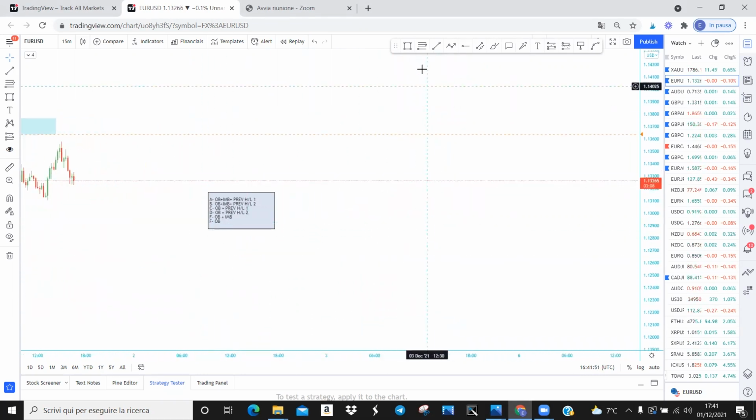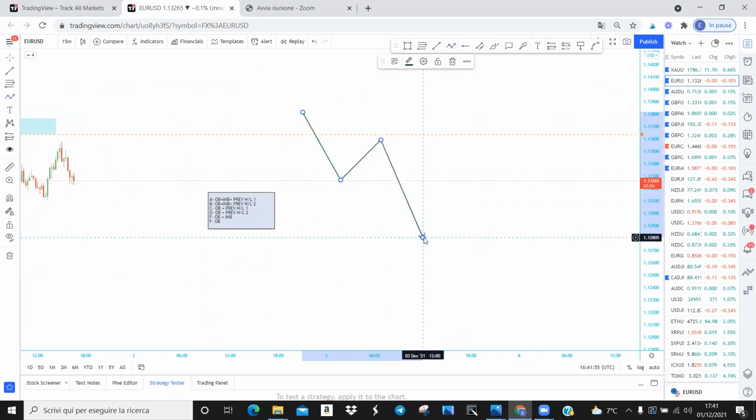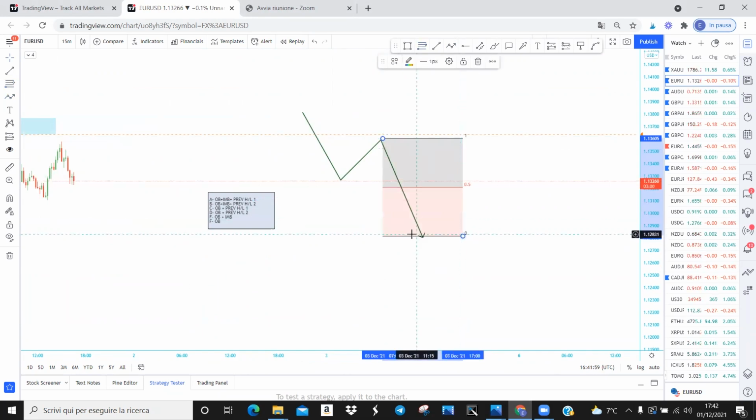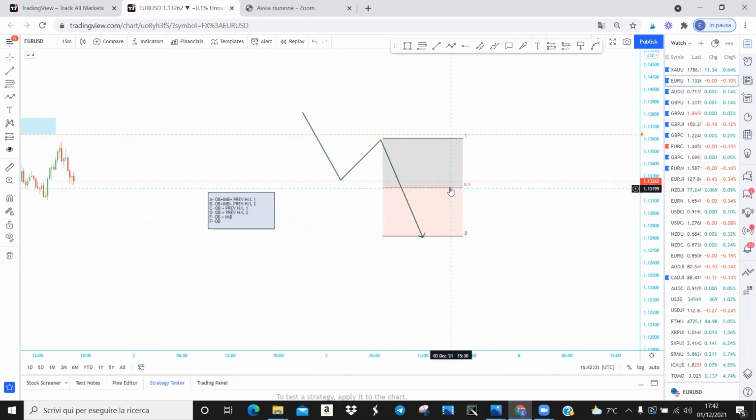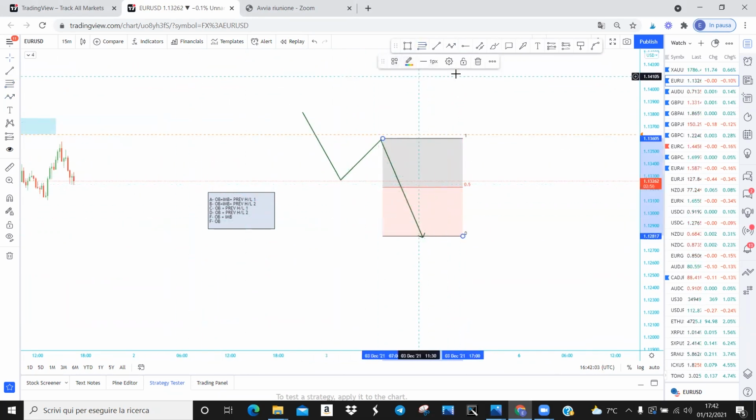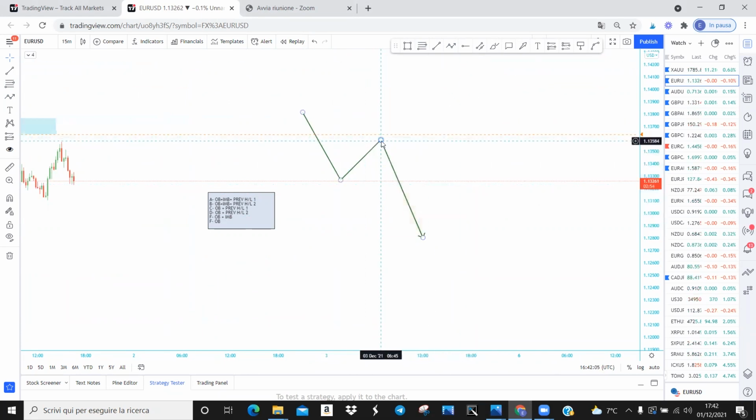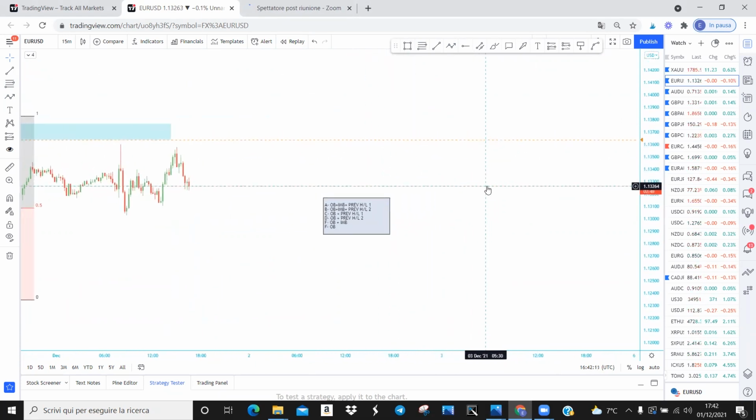I'm already taking for granted that we are trading together with the trend, or if we are going against the trend, we are at a discounted area and that we're targeting premium. I'm taking for granted that you know the direction of the market, you know if we are at premium or discount, and so on and so on.